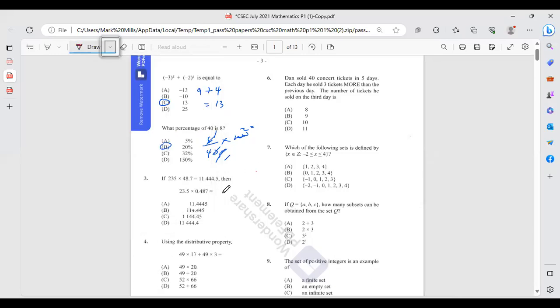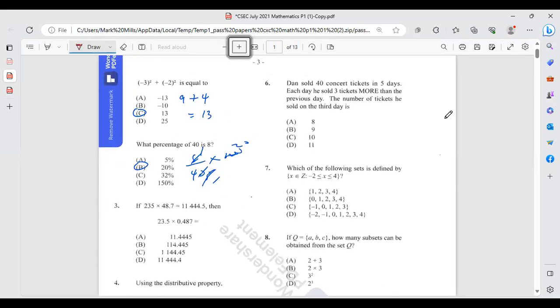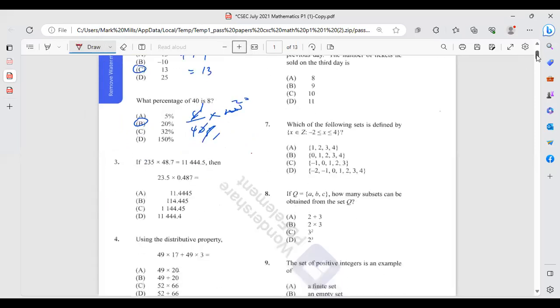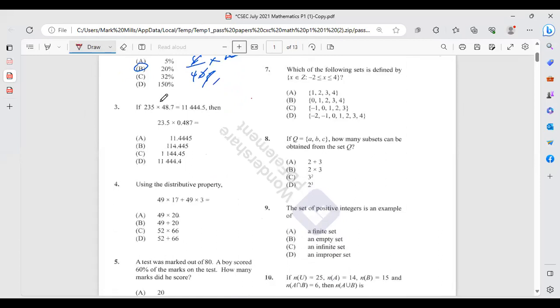All right. Number 3. 35 times 47.7 is equal to 1144.5. Right? Now, what will I do here?